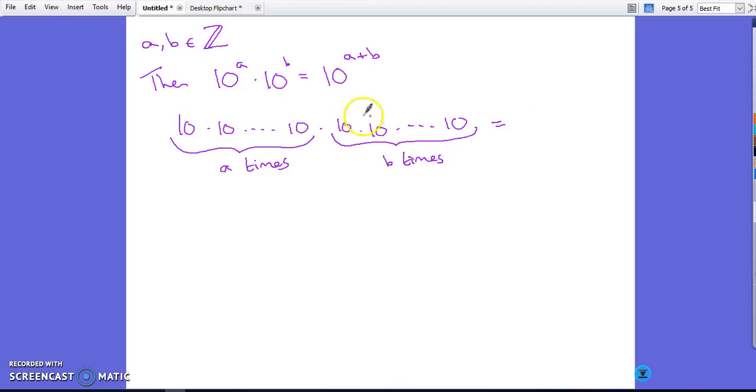And the total number of 10s we have in here, A 10s plus B 10s, all multiplied together. So how many do we have in total? It's A plus B.